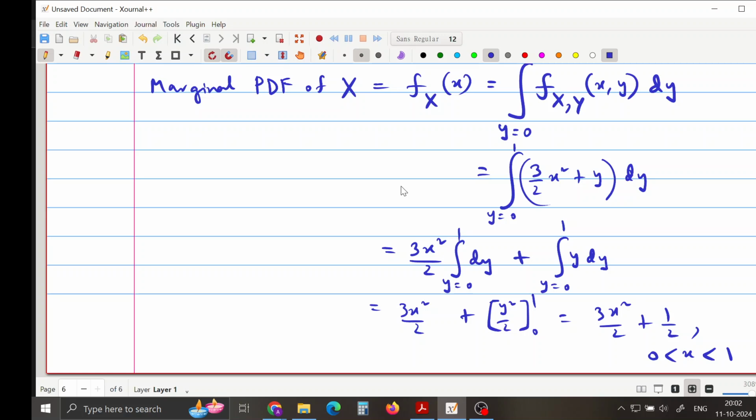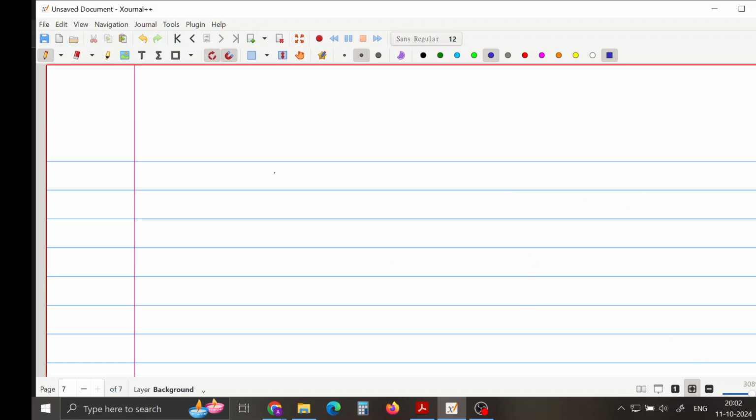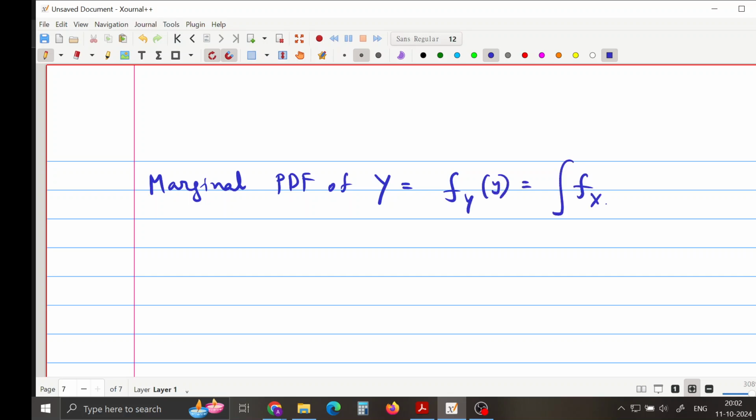But anyways, let's find the marginal PDF of y as well before that. So in a similar way, the marginal PDF of y is denoted by this. Again, we will integrate the joint PDF of x and y now with respect to x. So x now runs again from 0 to 1.